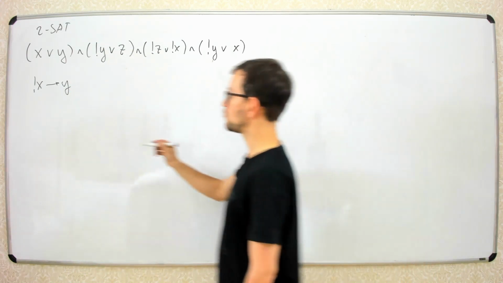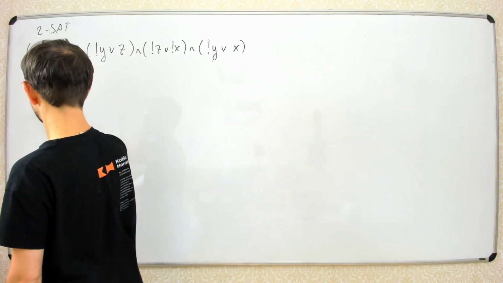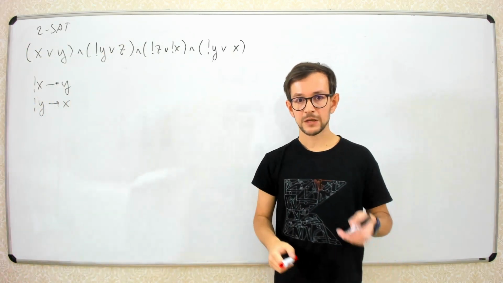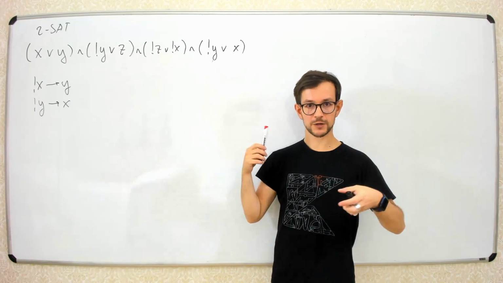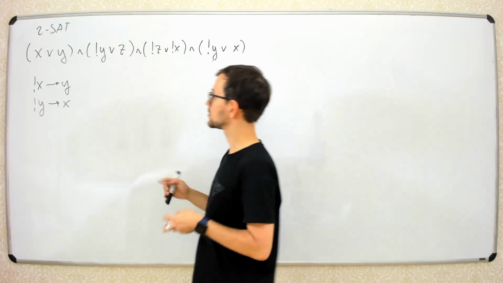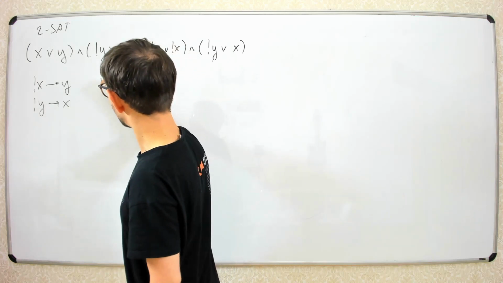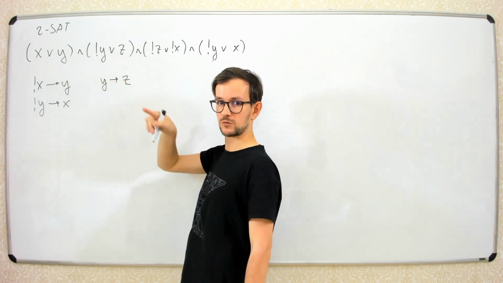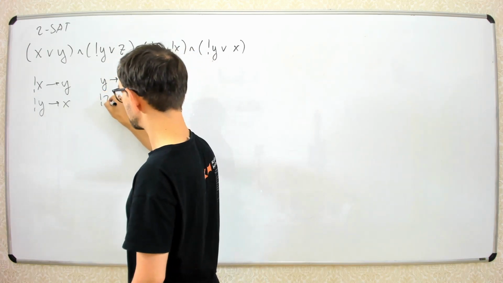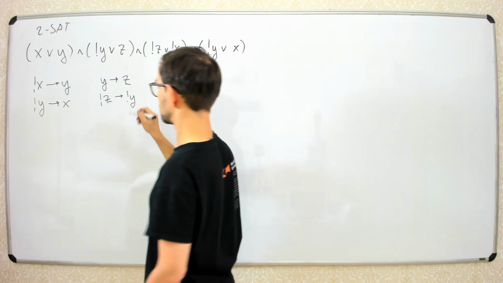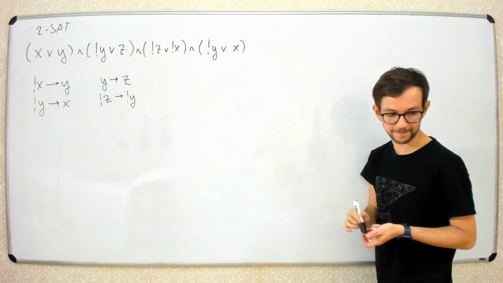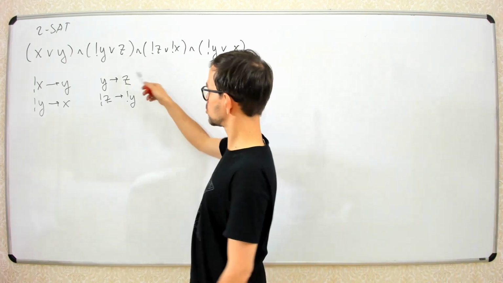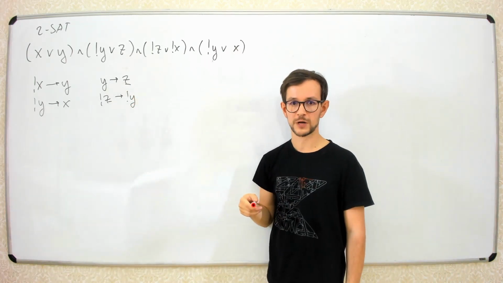And vice versa, if we have not y, then we have x. So each clause will give us two implications like this. For example, here you will have if y, then z. So if this is false, then this must be true. And if not z, then not y. And so on. Each clause will give you two implications like this.